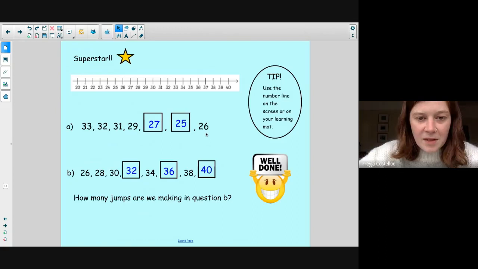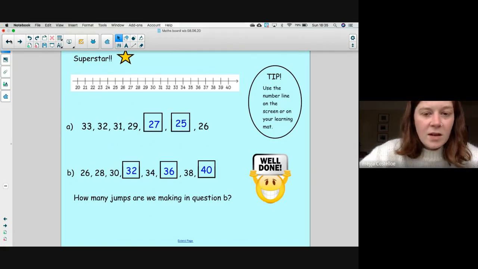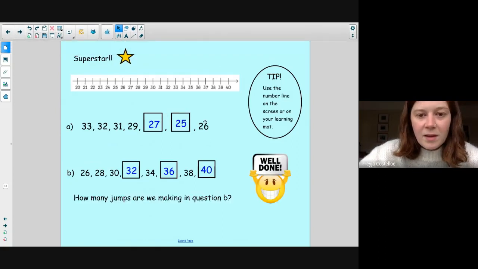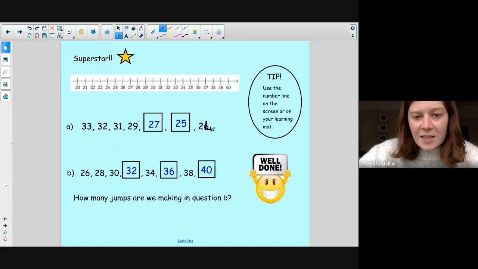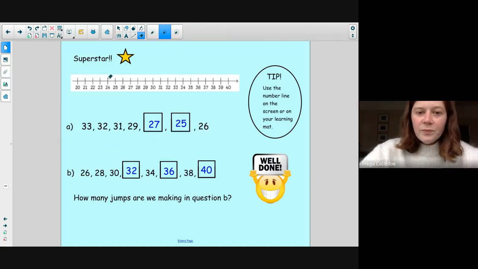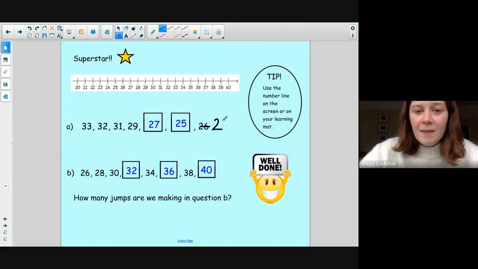I've made a mistake, haven't I? Let me check. Yeah. This is not supposed to be 26. Goodness me. It's not even supposed to be 24. I hope you can tell me what number it's supposed to be. It's supposed to be 23. Okay. So I am sorry about that.